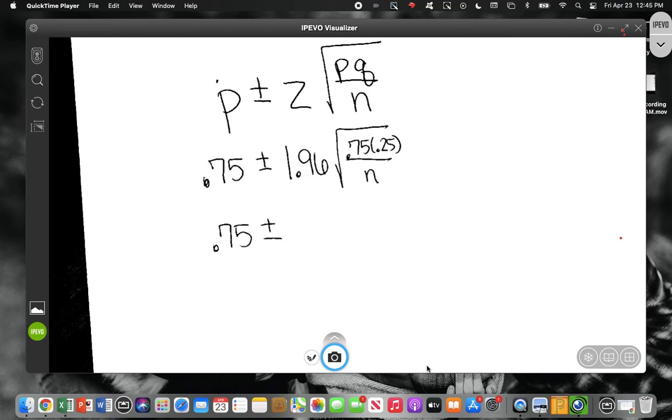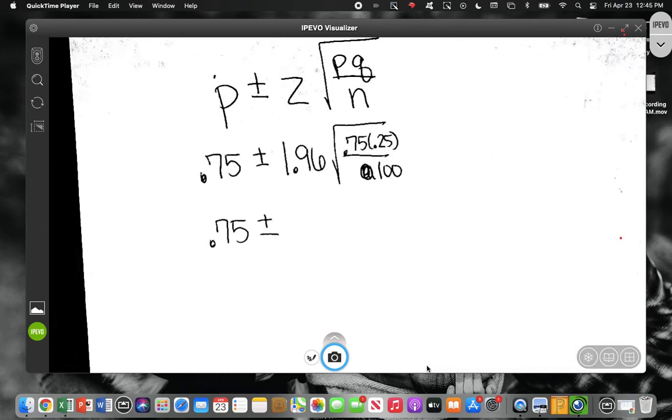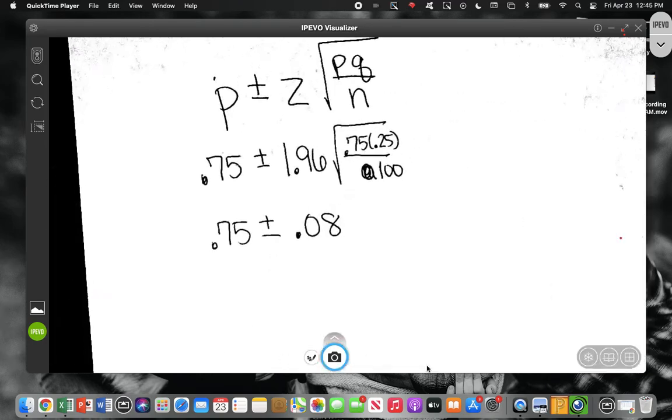But if you type all of this in, so take your 1.96 times that square root, in our case our n was 100, go ahead and plug that in. Do you guys get something like that?